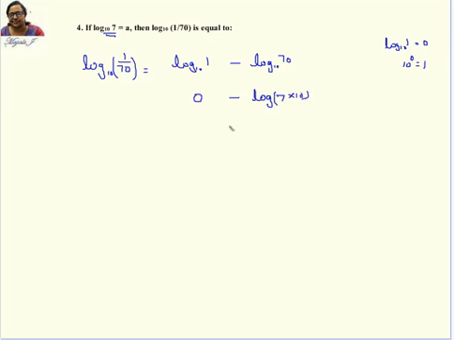So this is again log 7 plus log 10, and of course the base is 10. Then log 7 value is A, and log 10 is 1. So that's the answer.